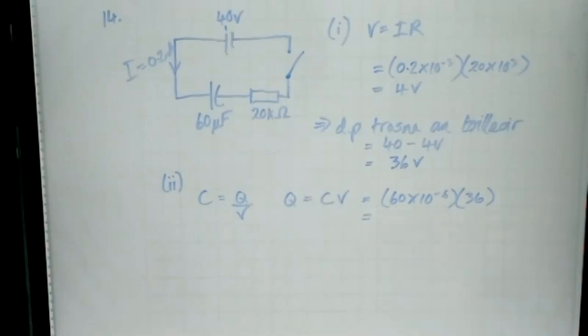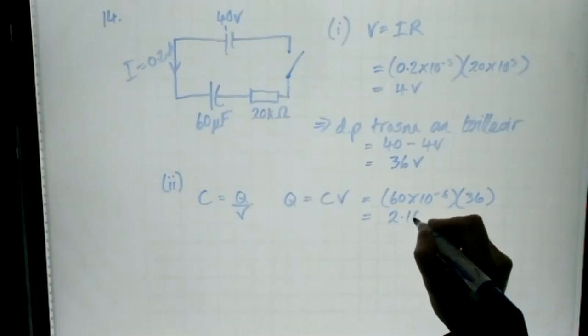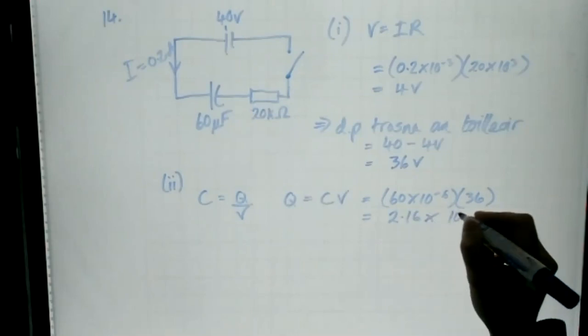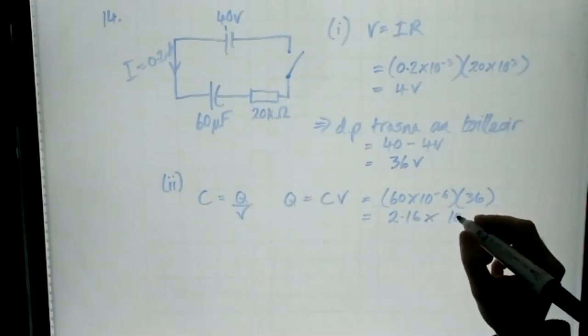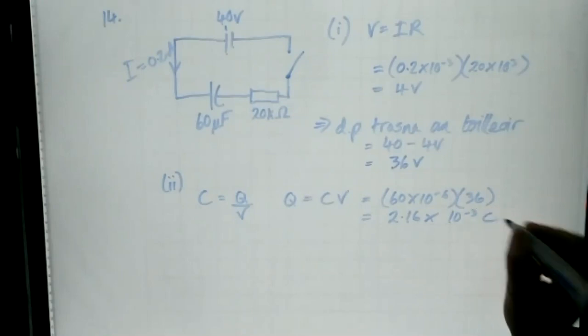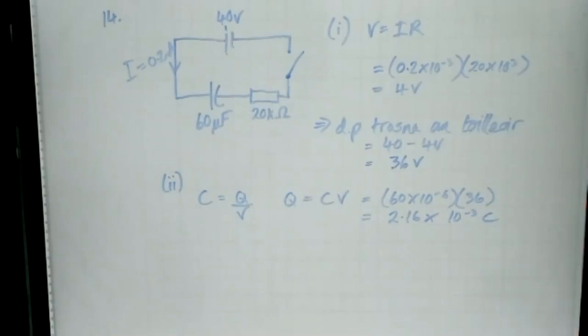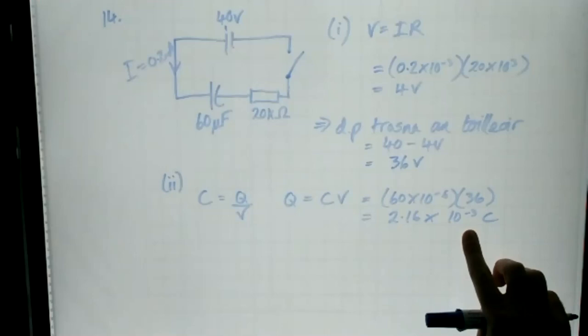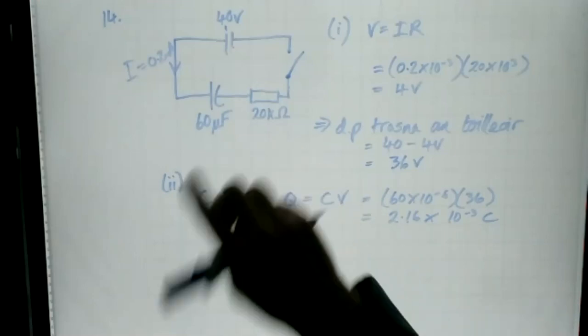On the calculator, this gives 2.16 by 10 to the power of minus 3 coulombs stored on the capacitor.